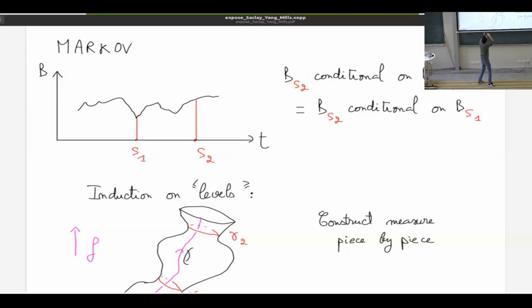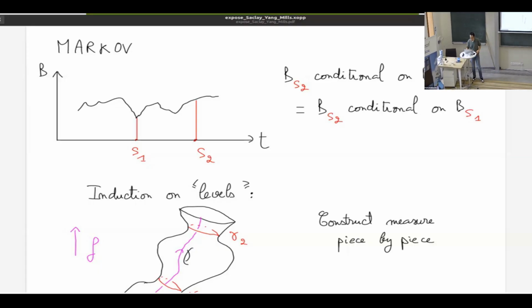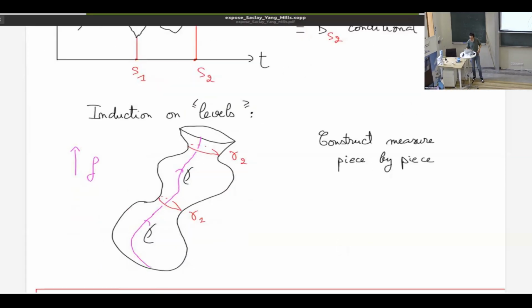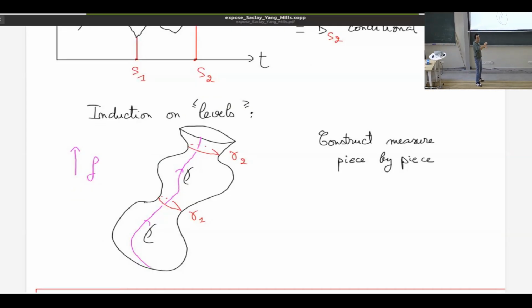If you consider a Brownian motion on the real line, with two times s1 and s2, and s2 is greater than s1, then the knowledge of B(s2) conditional on what happens before s1 is the same as B(s2) conditional on B(s1). And in our case, our random connection also satisfies a certain Markov property, but the role of time is replaced by the levels of the Morse function.